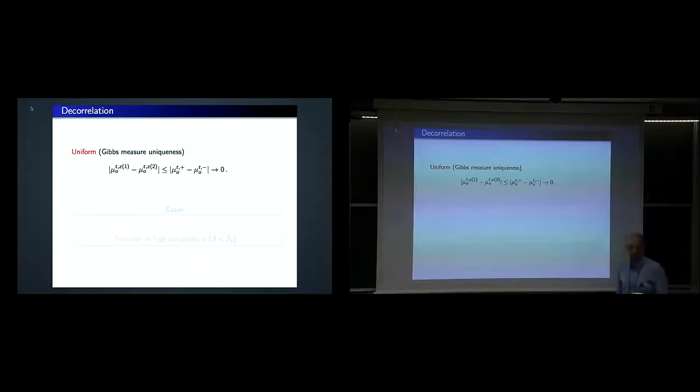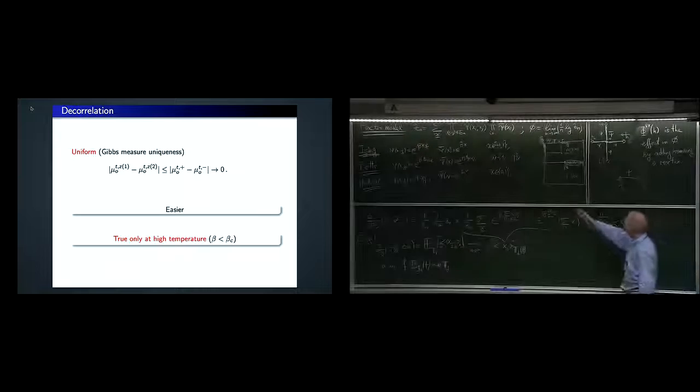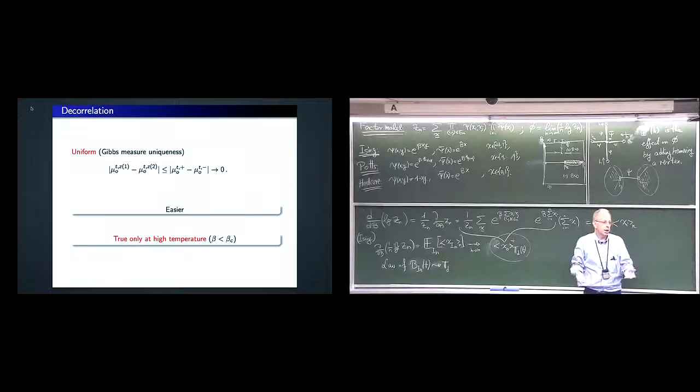This is called the Gibbs uniqueness regime, and this is very easy. This will work for a general model. Any model you put, you don't need Ising here. You can put any model, the scheme I just told you will work. It just says that if beta is small enough that there is no way for any Gibbs measure other than one to appear, then you're in business, you don't care.